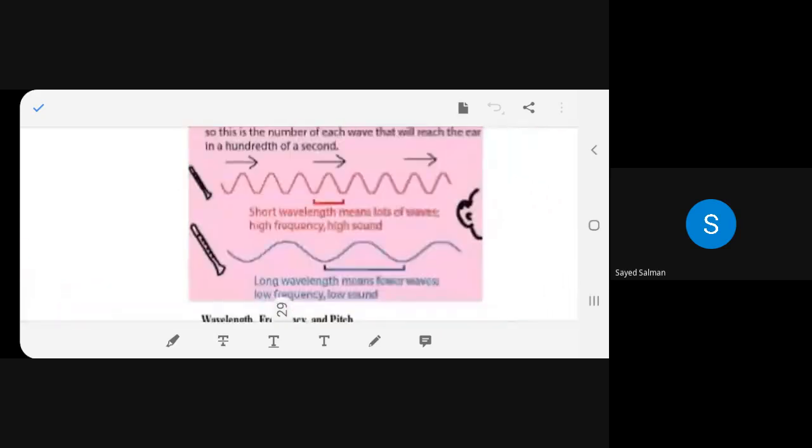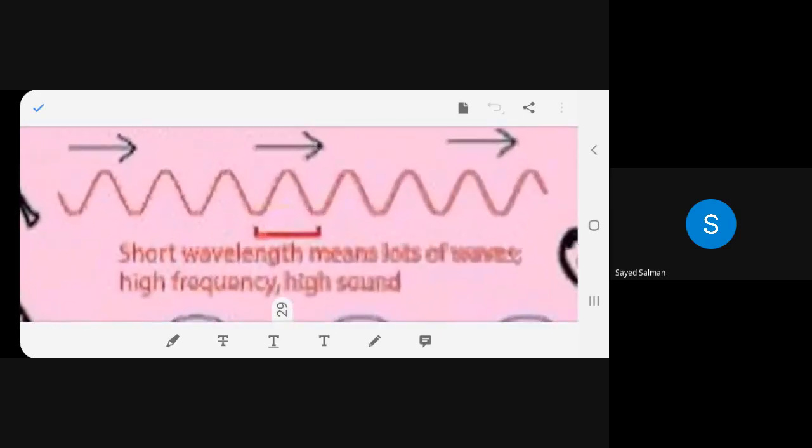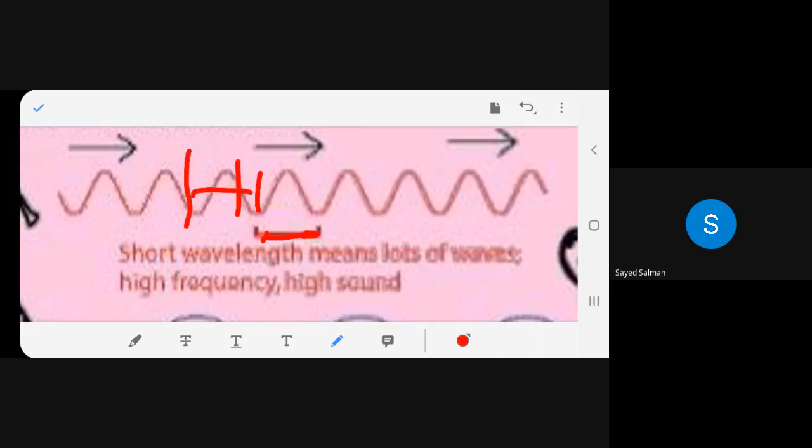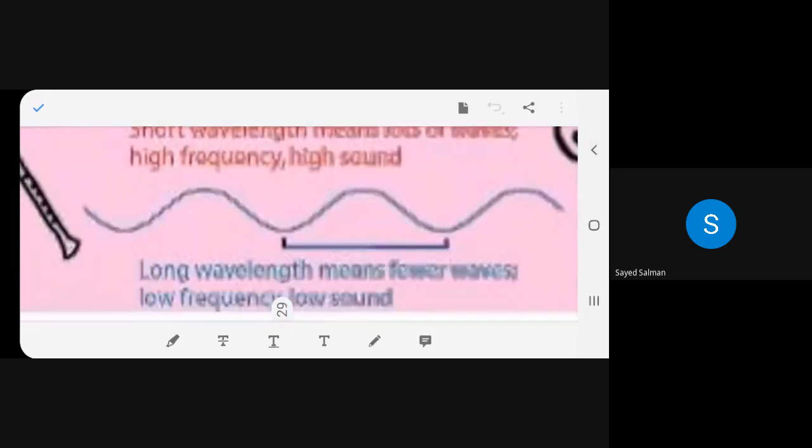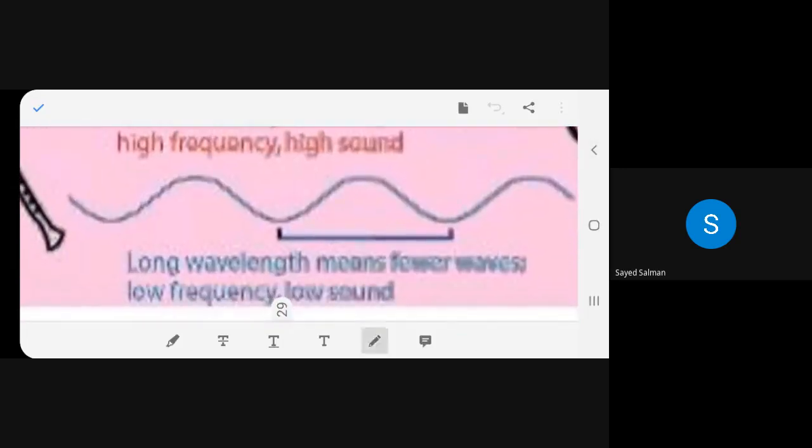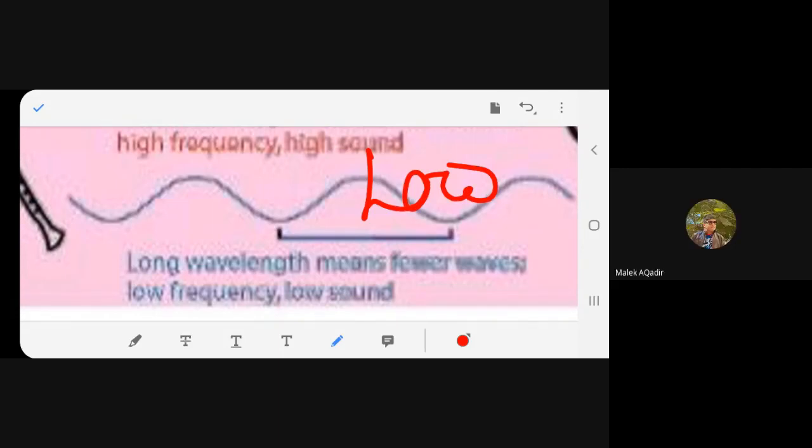What are we talking about? This one. This is moving fast, isn't it? Because it's got a shorter wavelength. So many waves are reaching my ear at the same speed. So obviously the sound will be high. Because it has got a short wavelength. And here it will be low sound. Is it clear? Yes, ma'am.